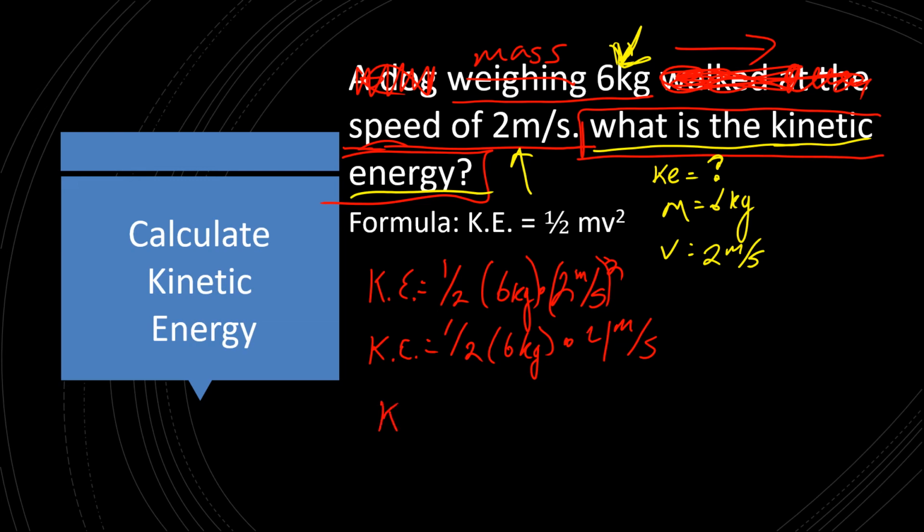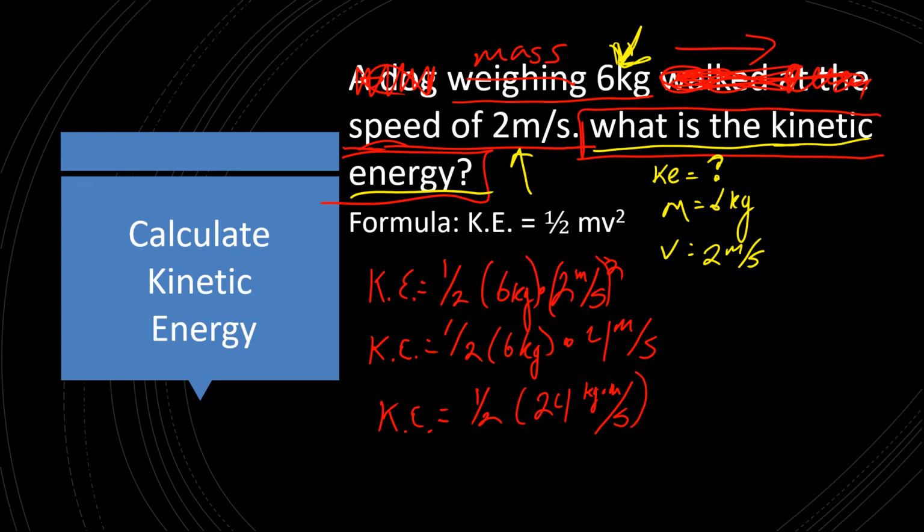So K.E. equals 1/2 times 24 kilograms times meters squared per second squared.